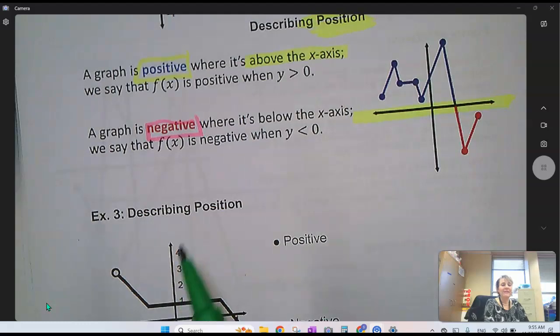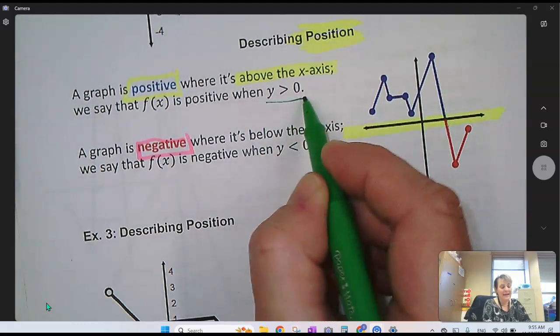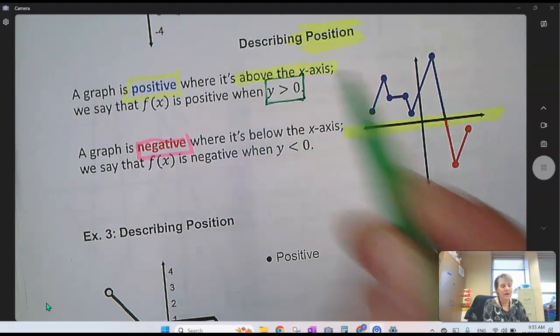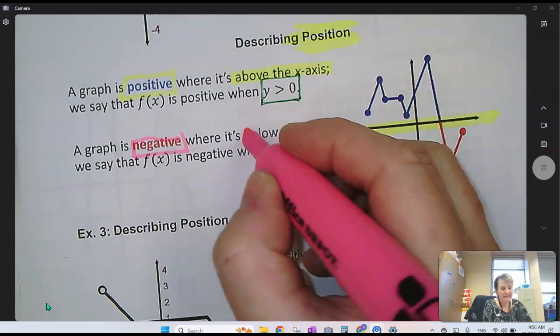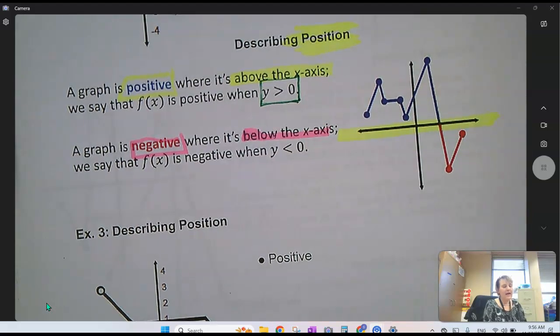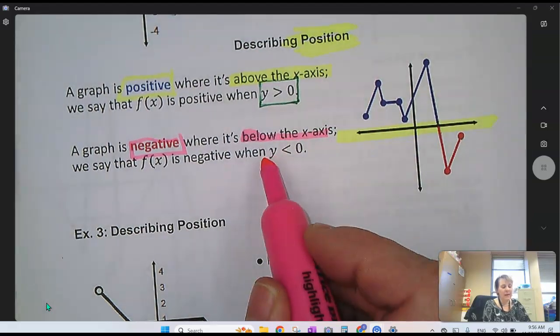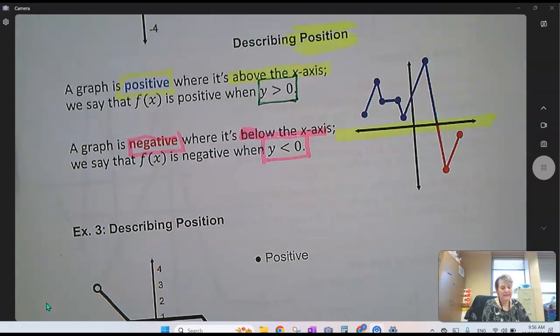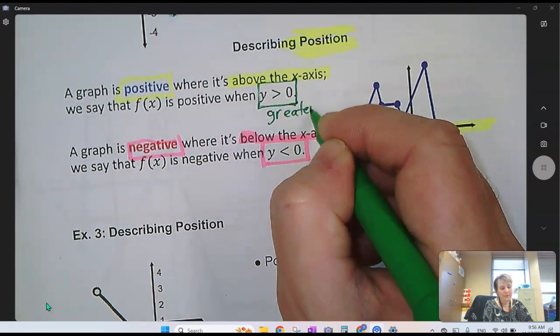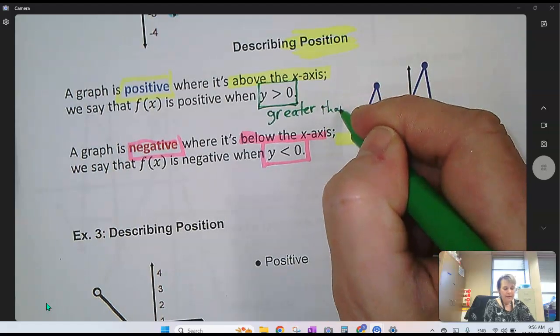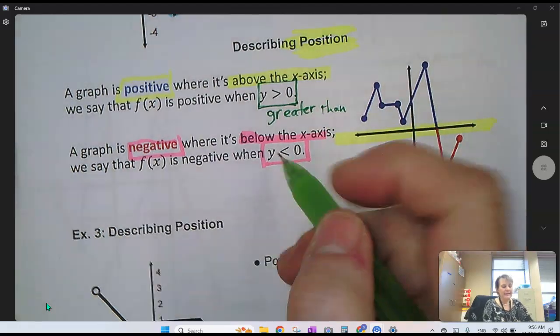We see that f of x is positive when y is greater than 0. F of x is negative where it's below the x-axis, and we say f of x is negative when y is less than 0. I'm just going to put this here because some people don't remember greater than and less than.